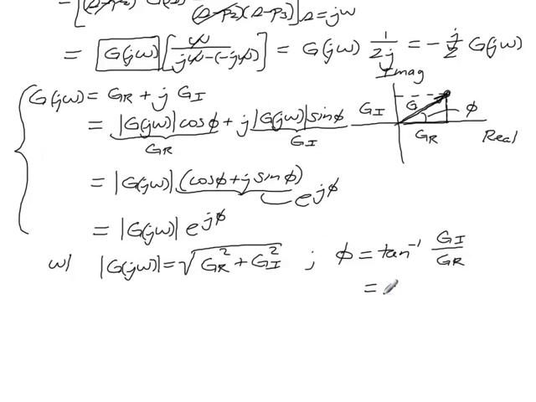The way to ensure this is either draw a picture and make sure you got the right quadrant, or use the MATLAB function atan2, where you give it the imaginary part and the real part as two arguments, and that will give you a four-quadrant representation of that phase angle.